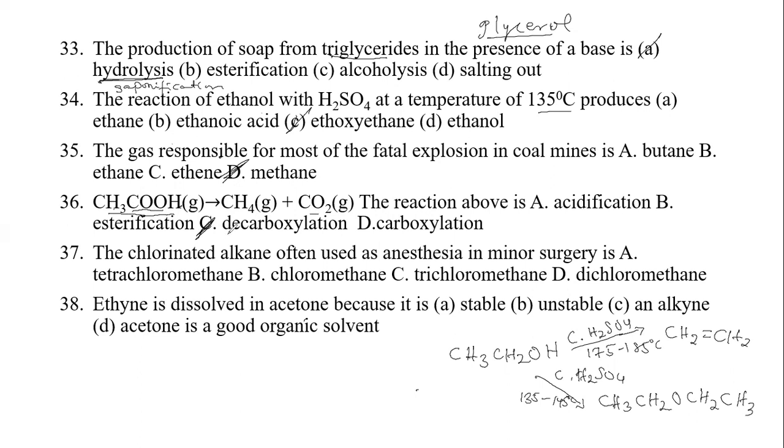Or when you react sodium ethanoate with sodium hydroxide, you're also going to be producing methane. So methane is actually the gas that causes explosion in coal mines. It is called fire damp. Okay, so it is called fire damp.